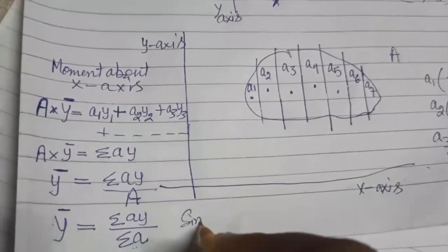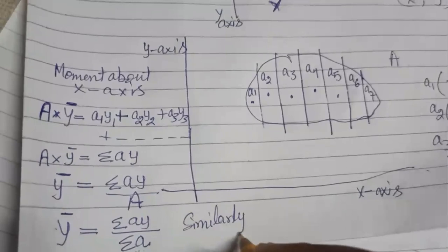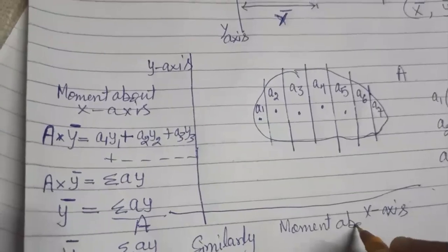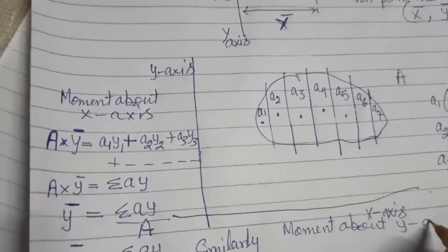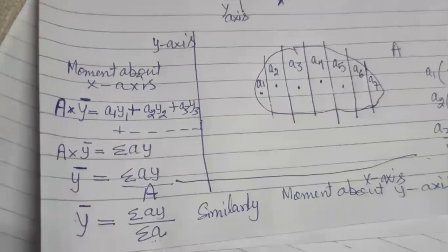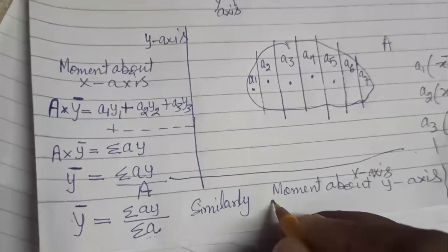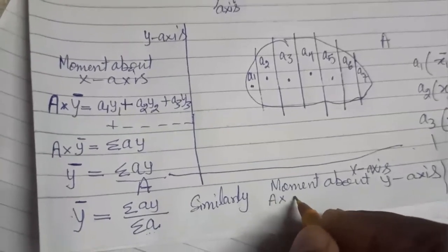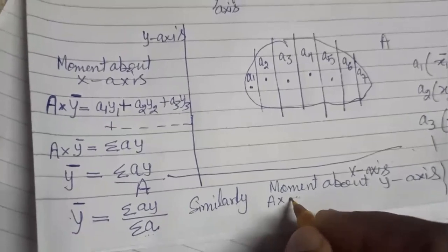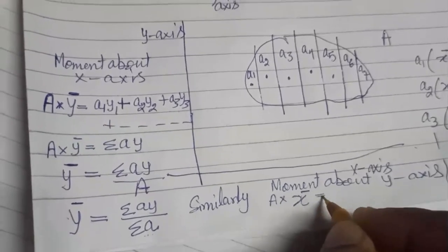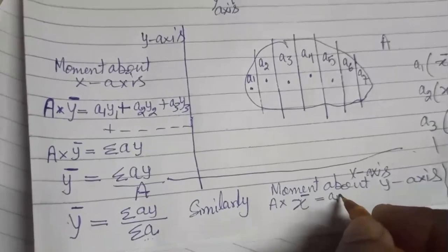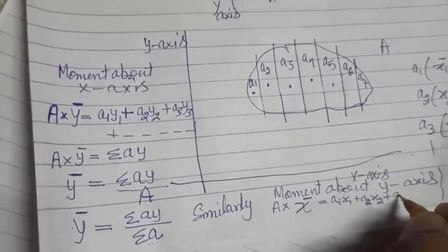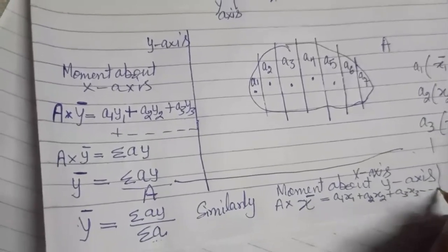Similarly, moment about y-axis. A into x bar is equal to a1 x1 plus a2 x2 plus a3 x3 and so on.